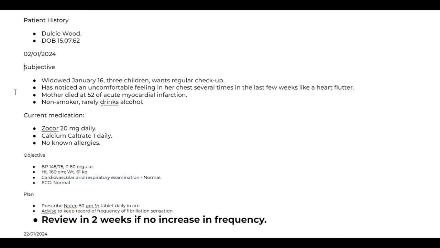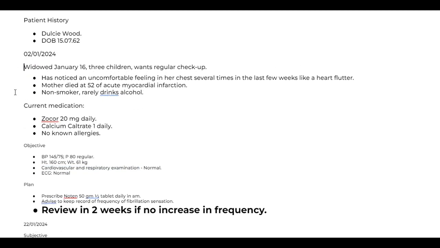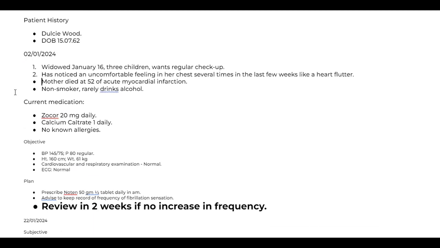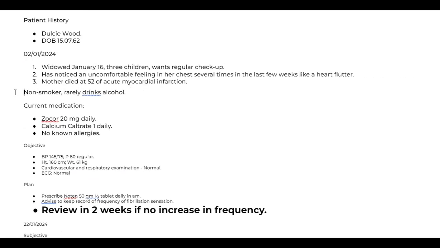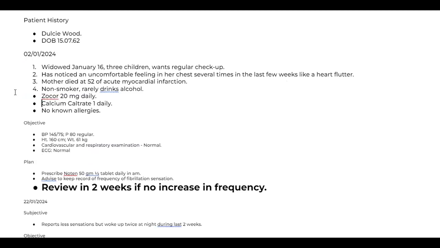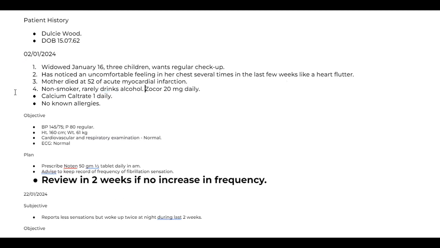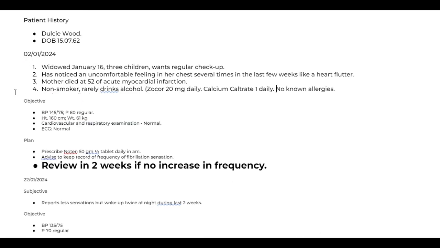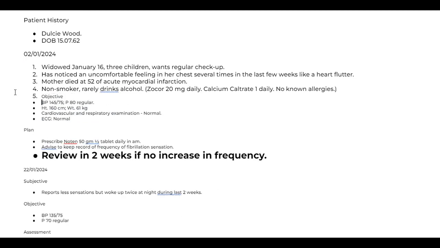So I'm going to show you how to write this one. Please have a look at this one. We have to first decide which things are to be included here. So we have completed the first paragraph. I'm taking you to the second paragraph. These were the medicines that the patient was having at that time. You can include all these things here. All these things will be coming in this area.